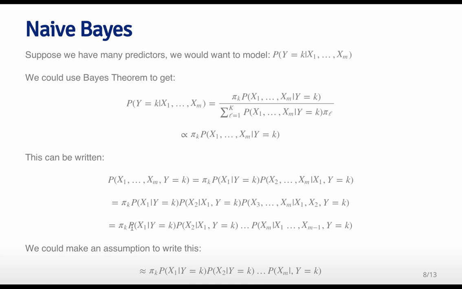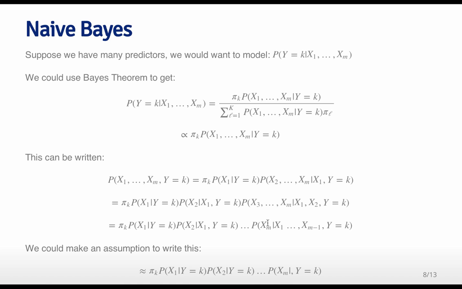You can continue to break this down in the same way until you get one term for every feature, but those features are always conditional on all the other variables that have come before it. And that's basically because each of the features or each of the predictors may be dependent on each other.